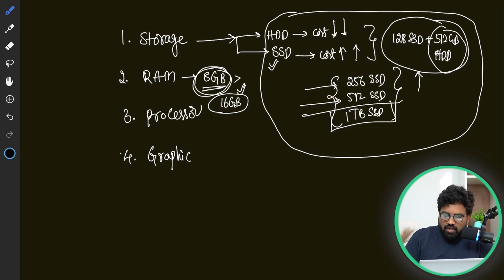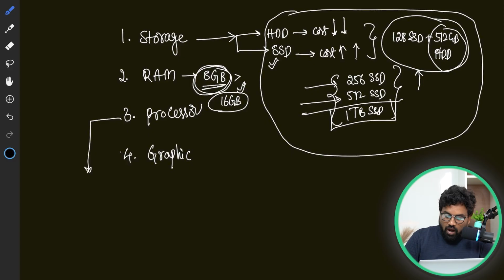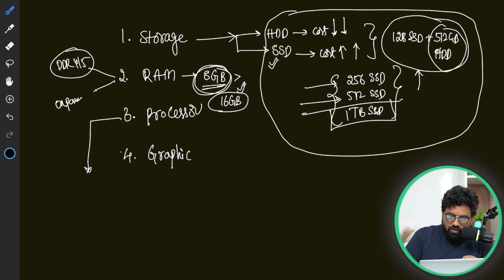Okay, and next coming to the processor. And also I would like to tell you one thing, in RAM also we have categories, that is DDR4 or 5, and you have to choose DDR4 or 5, and also choose expandable. For example, your budget is not allowing to purchase high specification RAM.